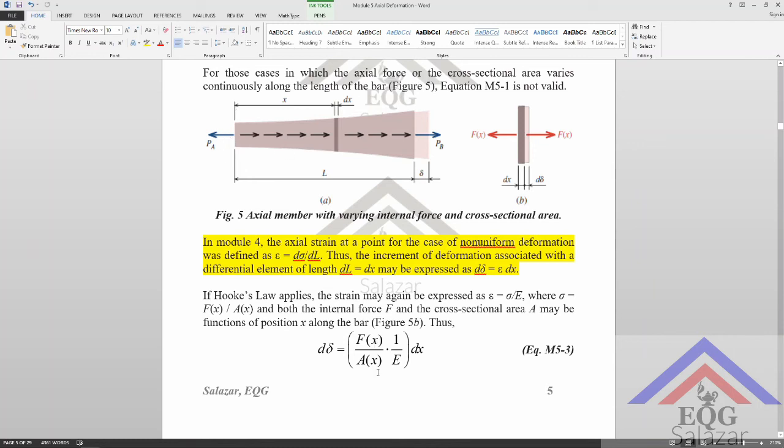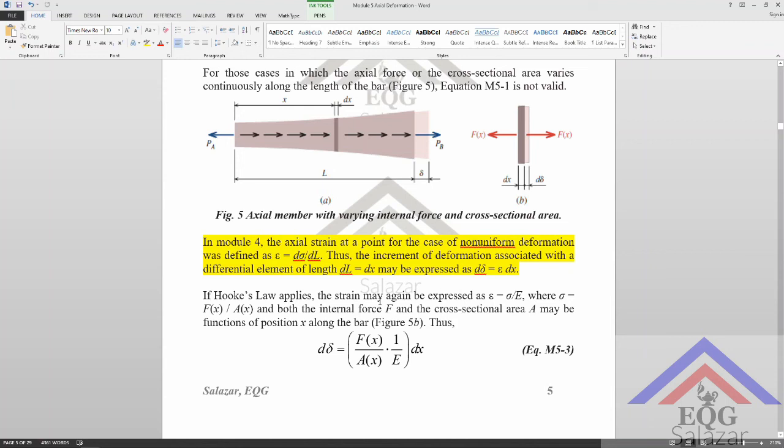The cross-sectional area is also a function of the position, and the modulus of elasticity is constant. So basically, it's F over A times L over E, where L is dx because that is our differential length.